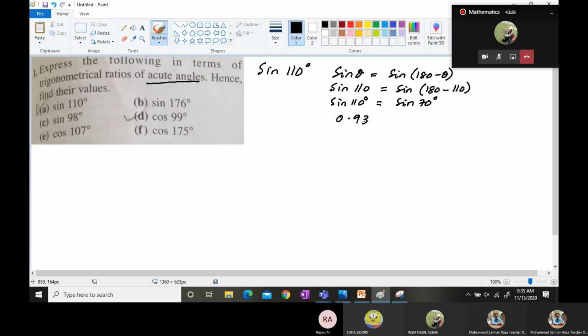This is 0.939 and this will be 0.939. So the thing is, the sine of an acute angle is always equal to the sine of its obtuse angle. Sine 110 degrees is always equal to sine 70 and technically their values are the same.